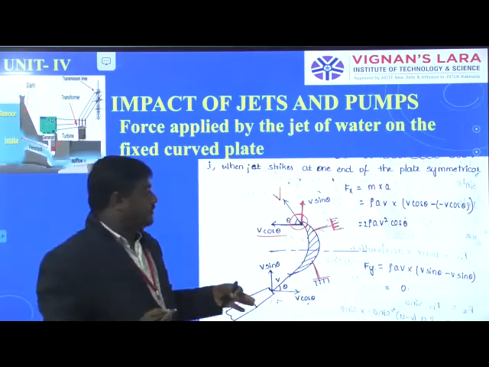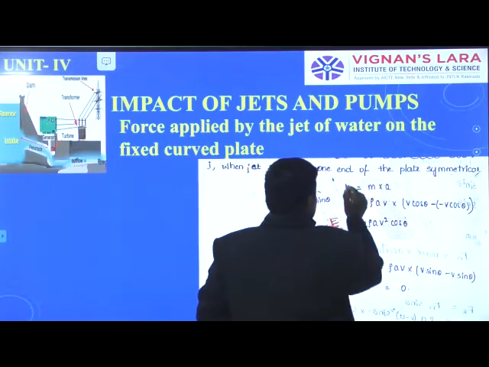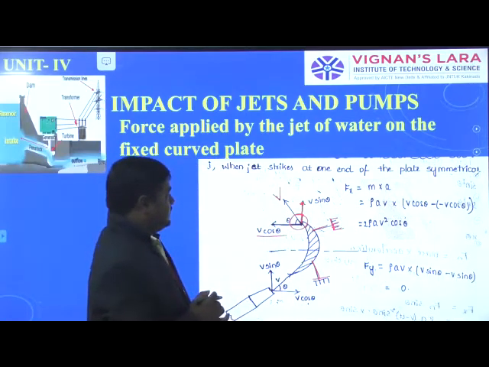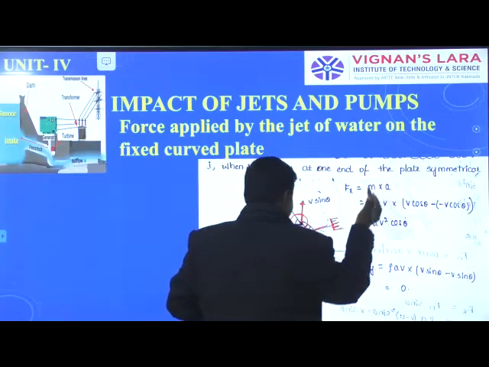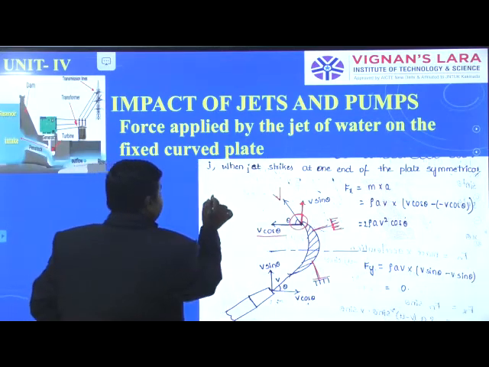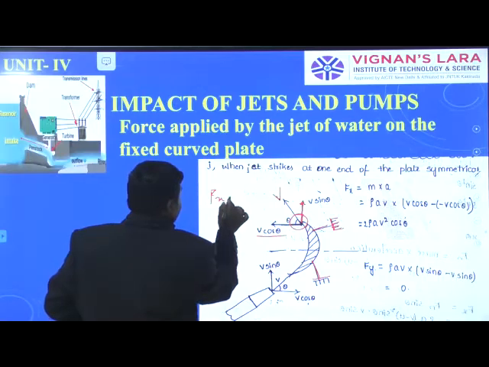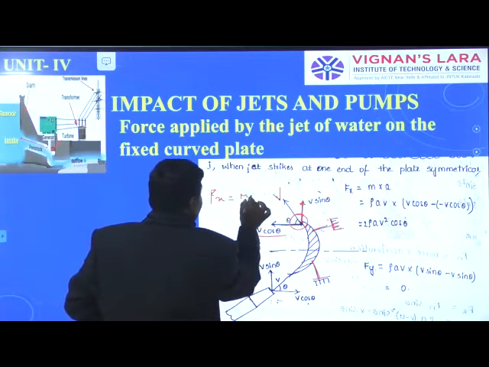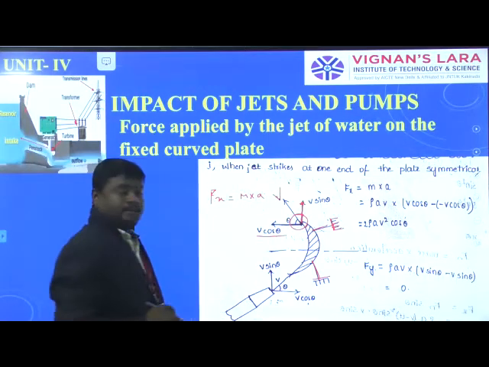So the force in the x direction, Fx, equals mass into acceleration, m into a.